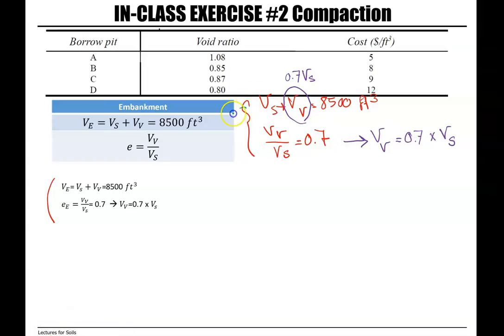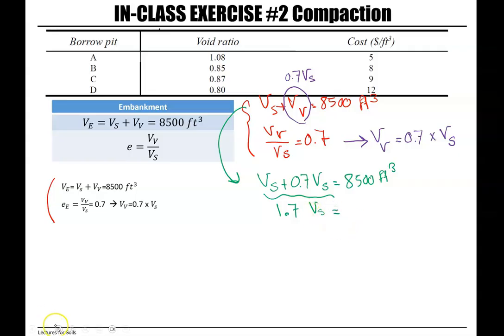If we do that, now we have a new formula which says that volume of solids plus 0.7 volume of solids is equal to 8,500 cubic feet. This is 1.7 volume of solids.